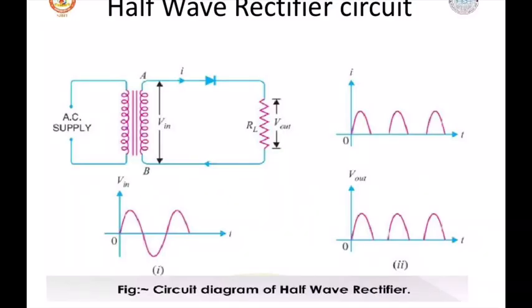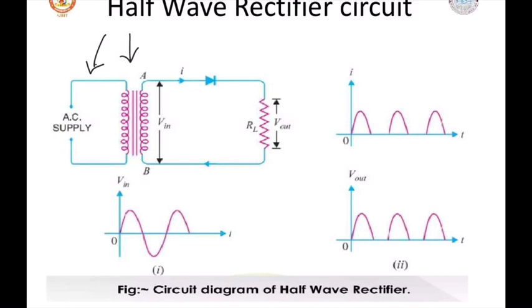By looking at this diagram, you will understand what half wave rectification is. This is an AC supply, usually 230 volts, 50 hertz. This is a step down transformer which steps down the voltage to a lower voltage.